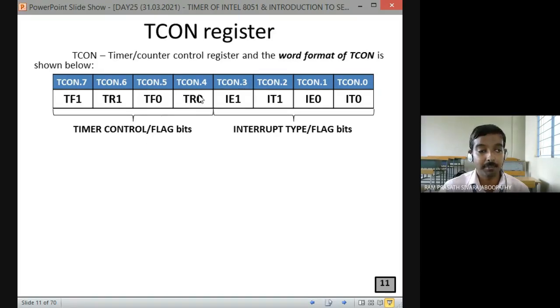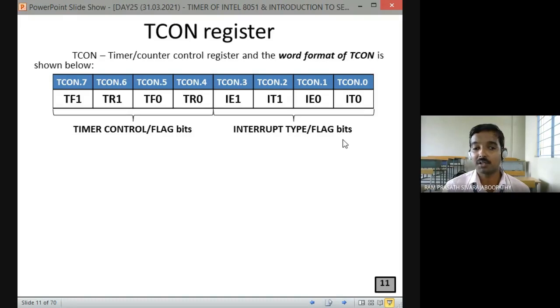These upper 4 bits are used for timer control flag. I will say what is the meaning of this. The remaining 4 bits are used for configuring your interrupt type or flag. Don't get confused. The name of the register is Tcon, but it is used for 2 purposes.